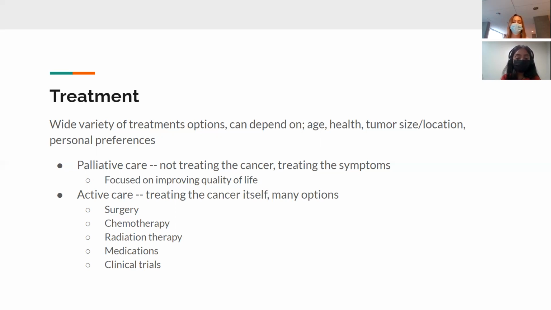You might be really tired, very lethargic, and you might just feel very nauseous. Okay, however, when it comes to active care, there are many options to consider. There's surgery, chemotherapy, radiation therapy, and also a very wide range of medication. Usually each patient has a special treatment plan that includes a couple of these forms of active treatment.